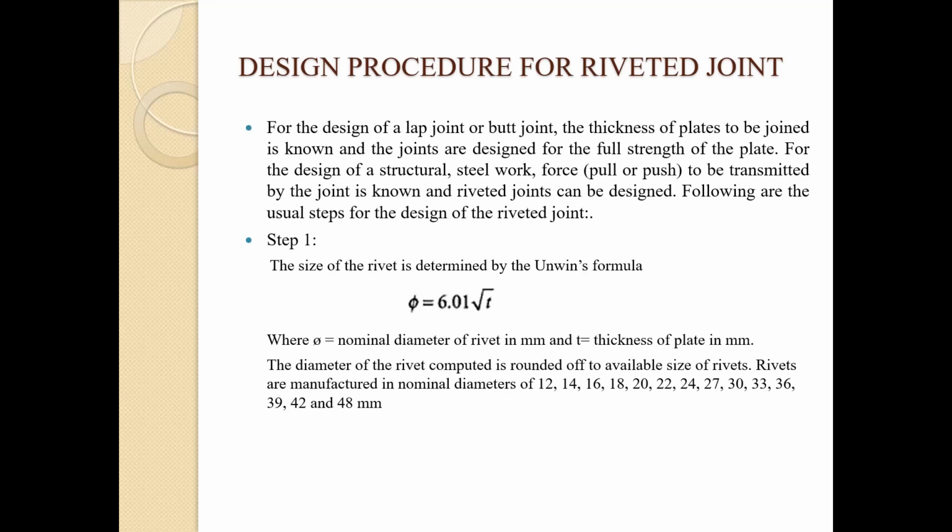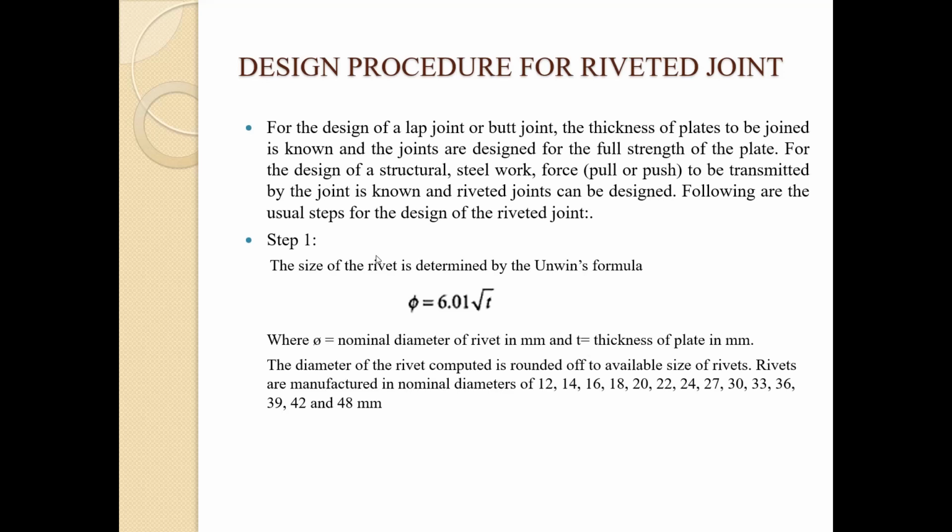Step 1, the size of the rivet, can be determined by Unwin's formula: phi equals 6.01 times square root of t, where phi is the nominal diameter of the rivet in mm and t is the thickness of plate.